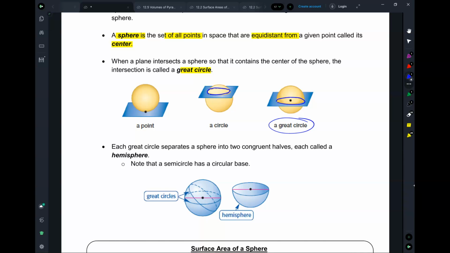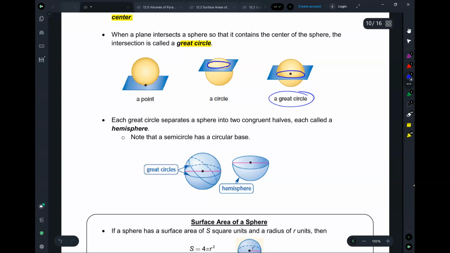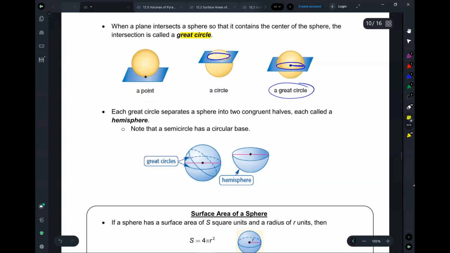Remember that, because you're often going to have, in the problems, something like the area of the great circle is blah. Now, when you cut at the great circle, the radius of that circle is the same as the radius of the sphere, right? And also, at that circle, you cut the sphere into two equal halves, which are called hemispheres.